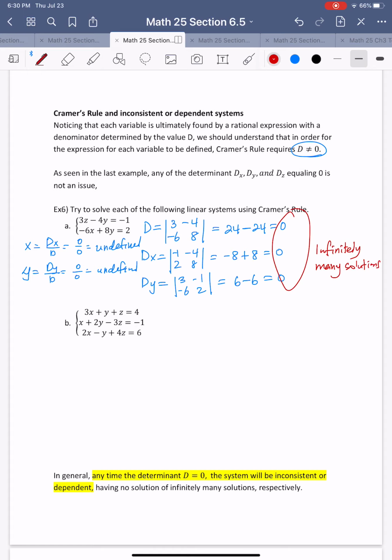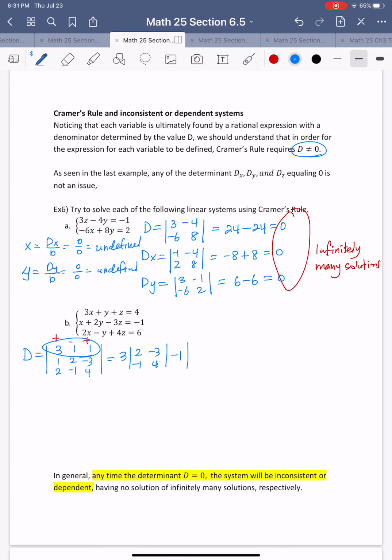Okay, for this one, let's see what we get here. So D is, I got 3, 1, 2, and then 1, 2, -1, and then 1, -3, and 4. Then using the first row with a sign of positive, negative, positive, I have a 3 of 2, -3, and -1, 4.